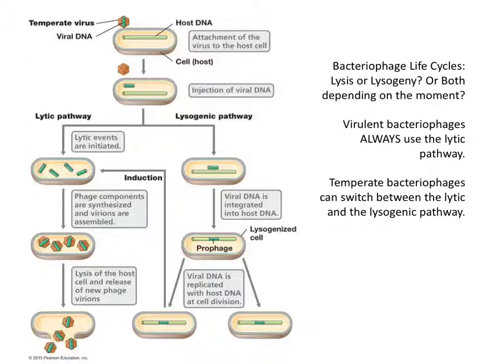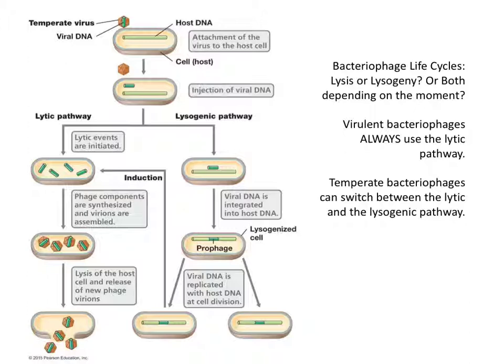A lot of our knowledge of virology is based on studies of the bacteriophage, especially bacteriophage that infect really well-studied bacteria like E. coli. So let's think a little bit about the life cycles or the replication patterns that we see in the bacteriophage world. And you should have seen a diagram similar to this in your genetics class previously. When we think about bacteriophage life cycles, there are a few terms that we need to learn.